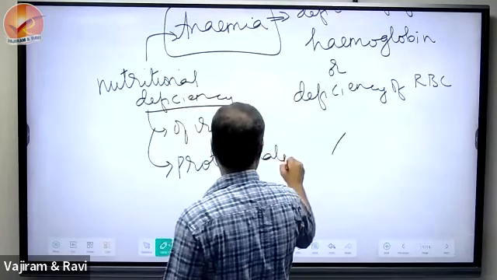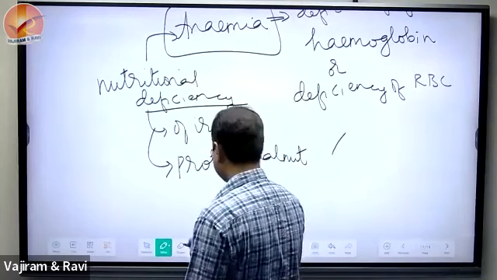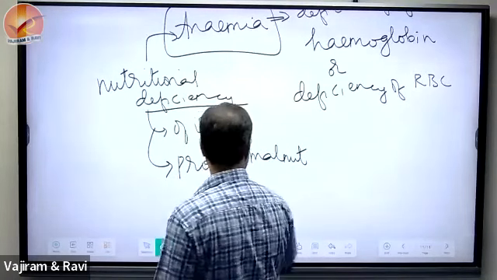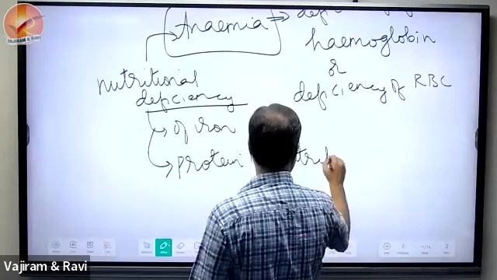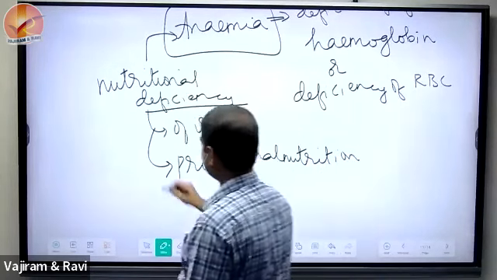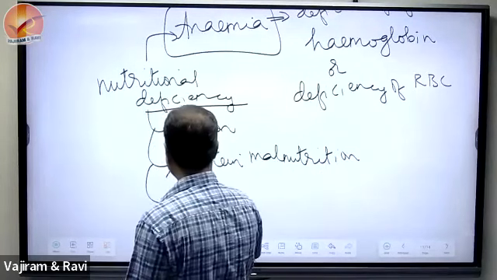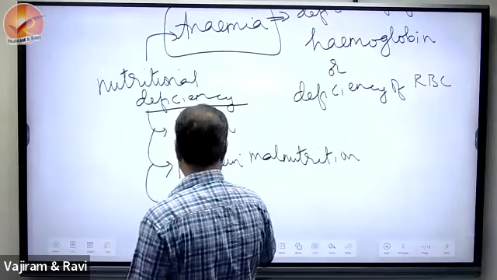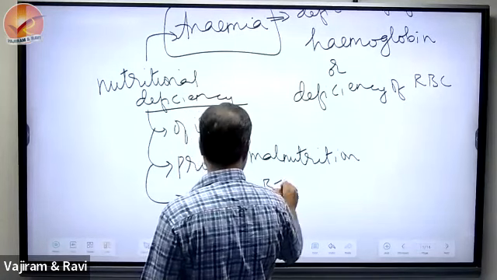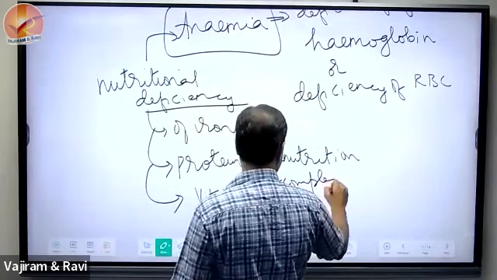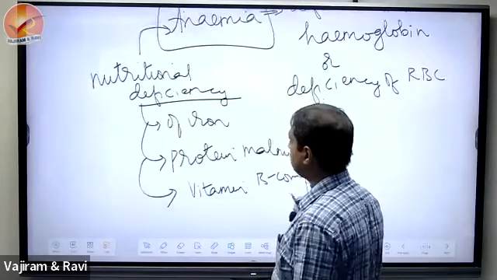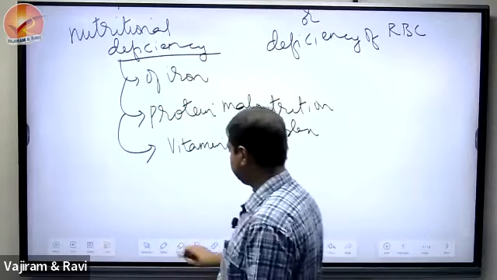Protein malnutrition also can cause anemia. Vitamin B complex deficiency also can cause anemia.